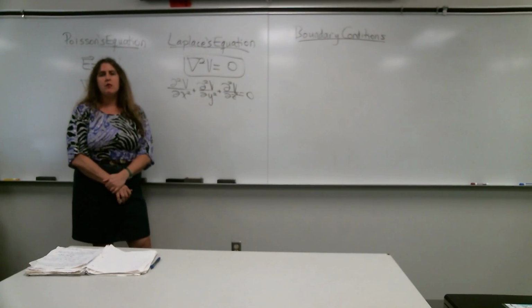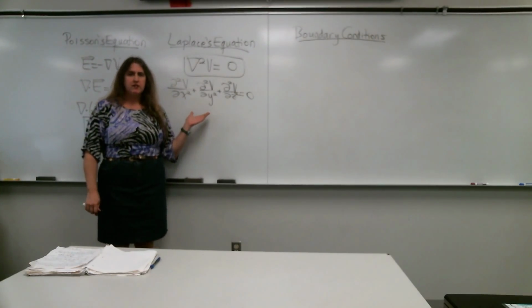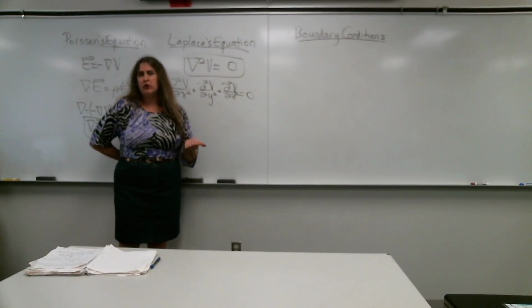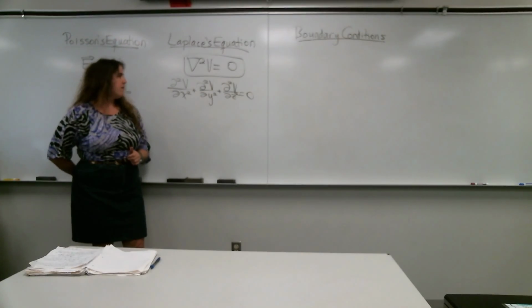We'll be looking at problems that can be handled not only with the Cartesian form of Laplace's equation, but we'll also be looking at systems that exhibit spherical symmetry and also cylindrical symmetry as well.